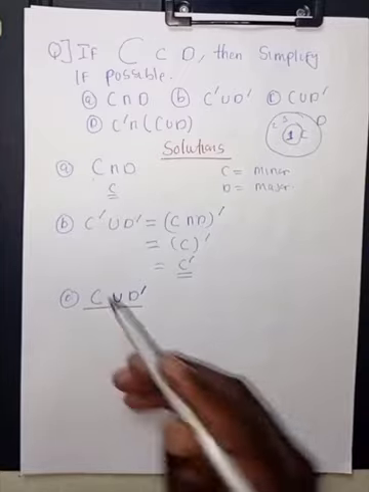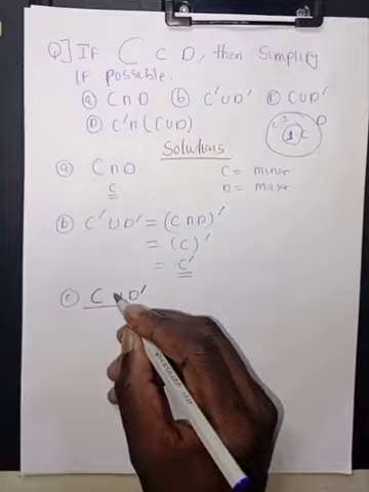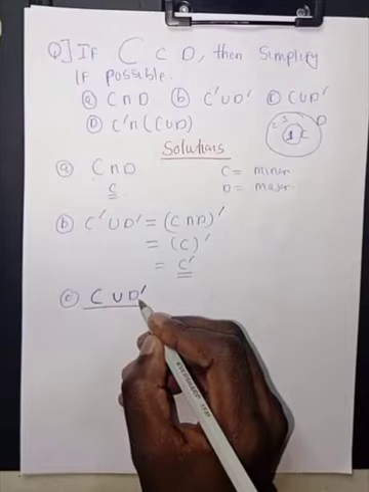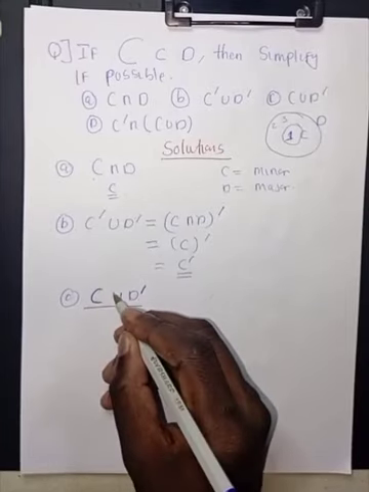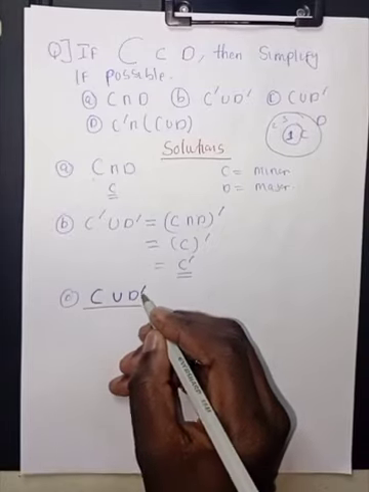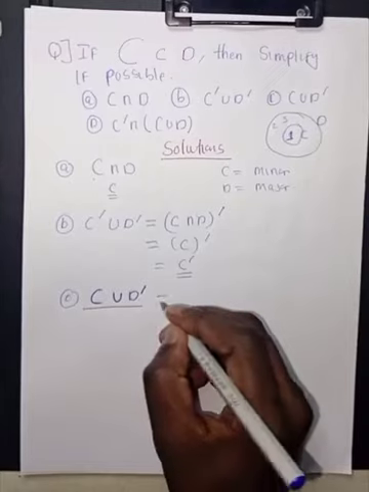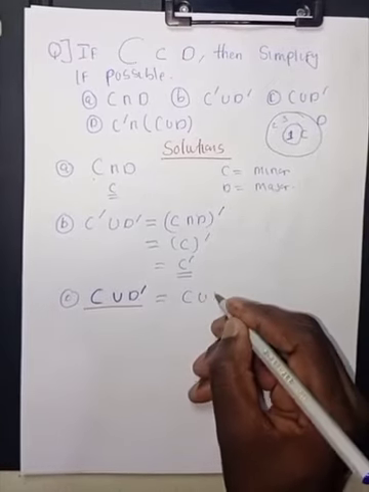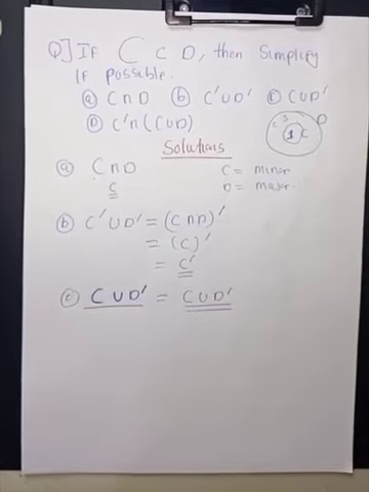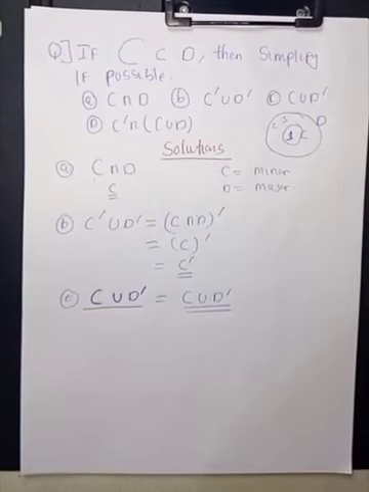We are trying to find the union between C, where C is a subset of D, and the elements outside set D. It's the same expression, C union D complement. You cannot simplify this further. So this is the simplified form of this expression.